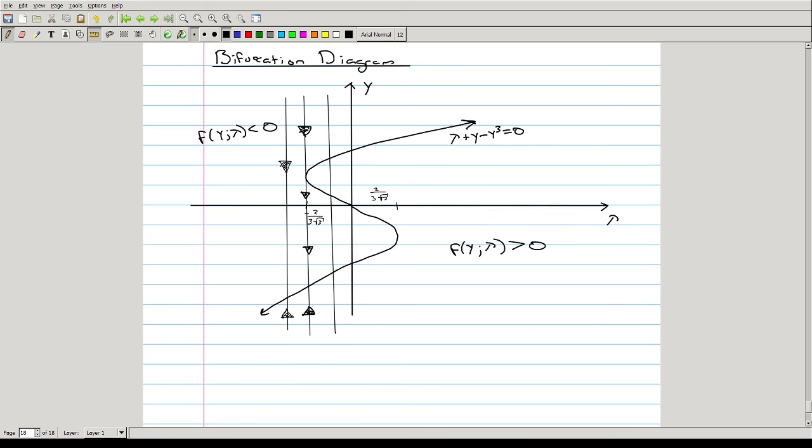When lambda switches to be between negative 2 over 3 root 3 and positive 2 over 3 root 3, we have a switch where function's still negative here, but it's positive here, and it's negative here, and it's positive here.